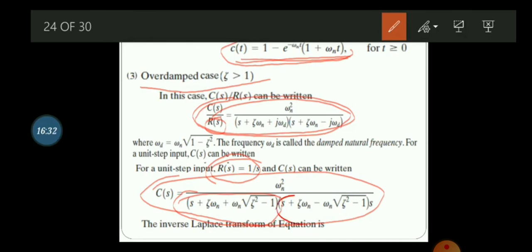You obtained these earlier. So substitute these two poles and also substitute r of s, that is 1 divided by s.